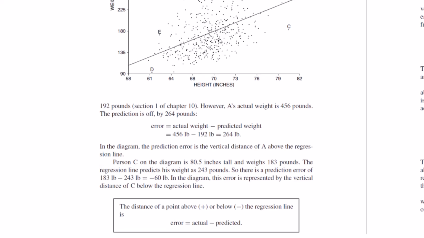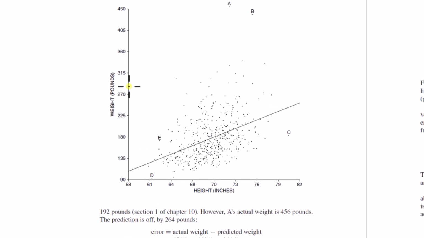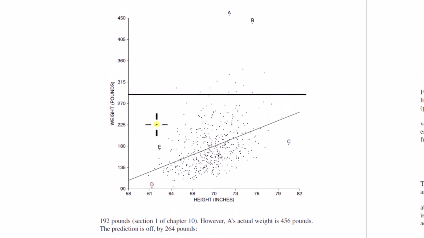I'm just trying to give you a sense that an error could be a horizontal line as well. But it's going to be a vertical or horizontal line, unless you have some different kind of axes. So it's just this vertical or horizontal straight line to the regression line, parallel to, and based solely on, the output variable that you're trying to predict.